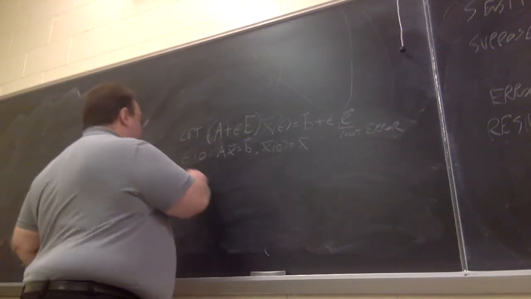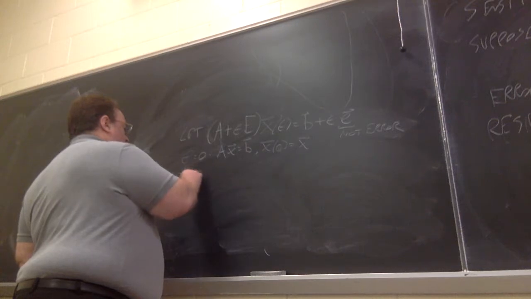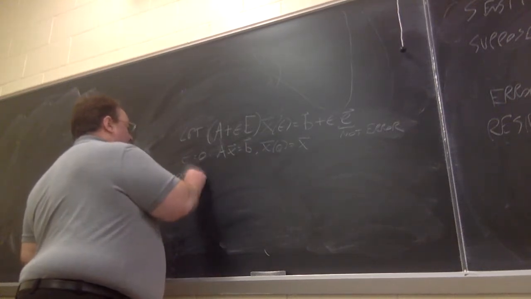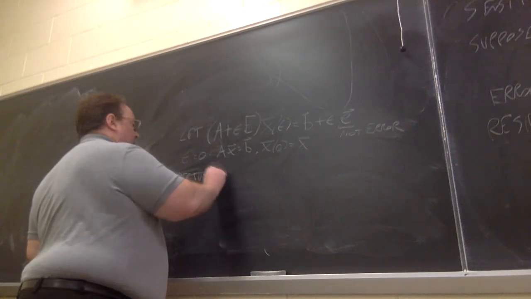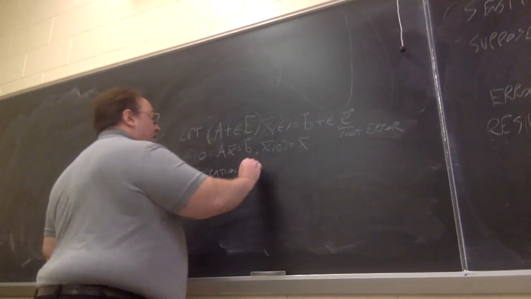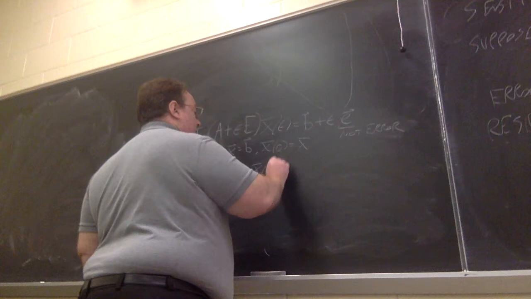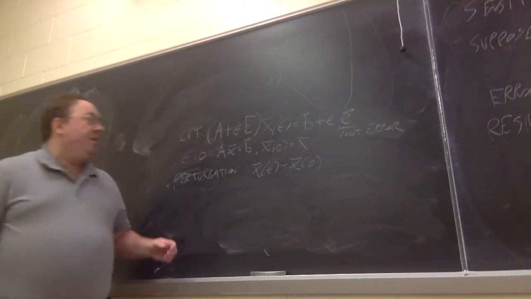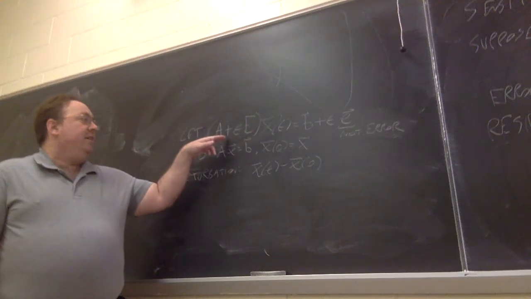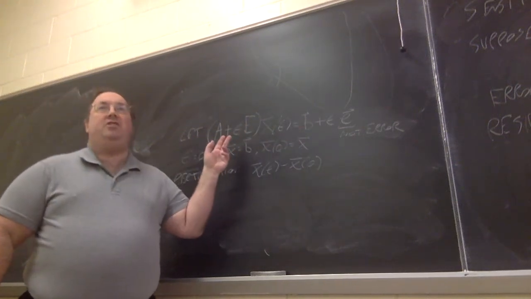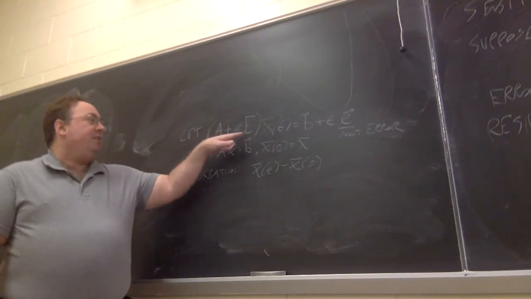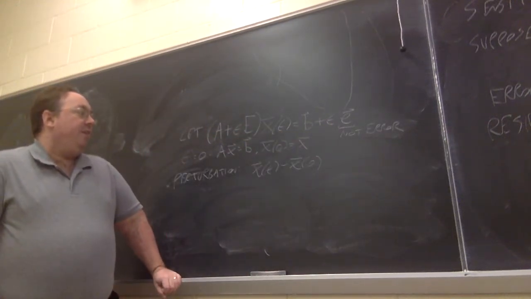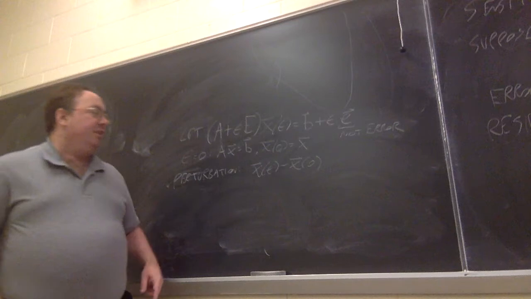So the error, or really the perturbation in the solution, is x of epsilon minus x, which is 0 at epsilon equals 0. So if A or B change using these perturbation matrices, capital E here and lowercase e there, what happens to the solution?